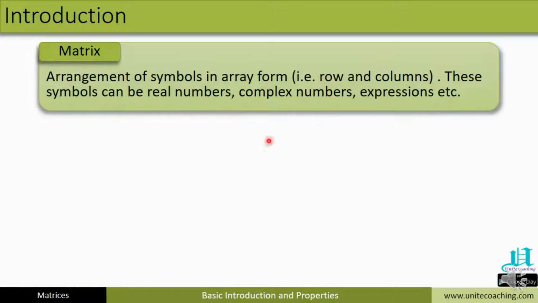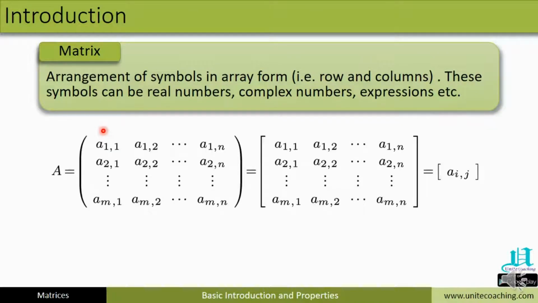So how do we represent them in mathematics? We have a matrix A, which we represent with the help of two parentheses or two square brackets, and in between them we write all the elements of the matrix.